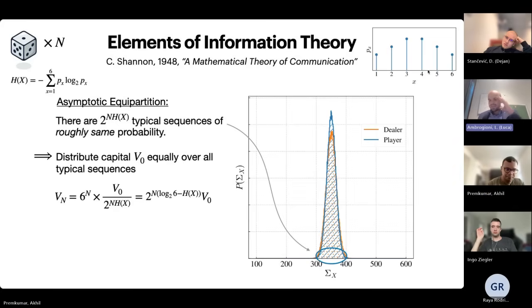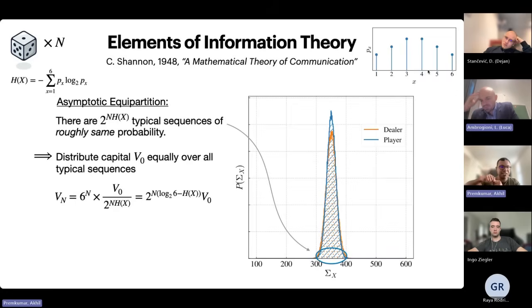But you're saying that you're betting 0 on non-typical sequences and some finite sum on typical sequences. Exactly. But at the first throw, you cannot know if something is typical or non-typical. No, I'm actually counting it across all throws. If I'm allowed n throws, oh, okay.